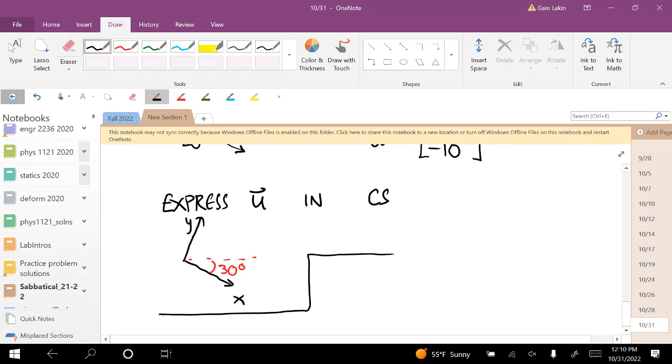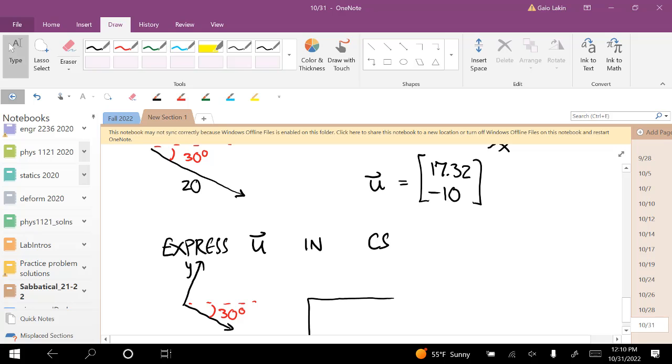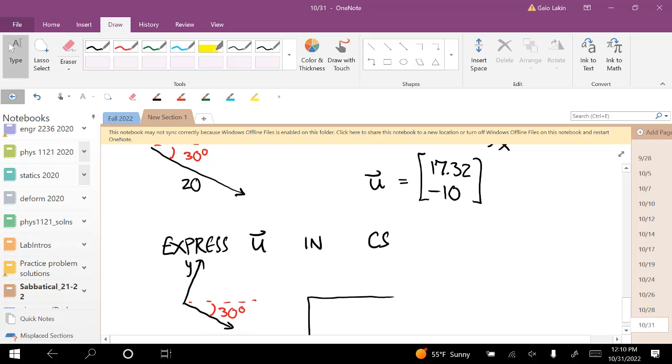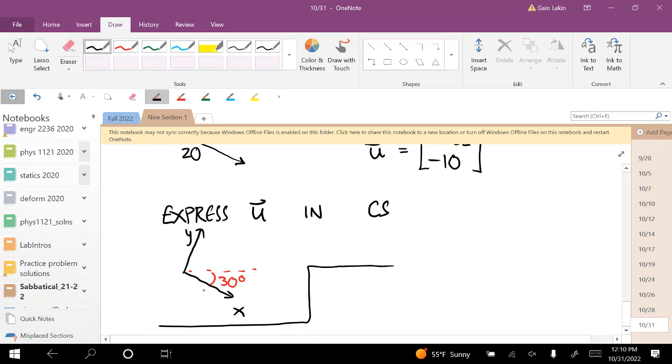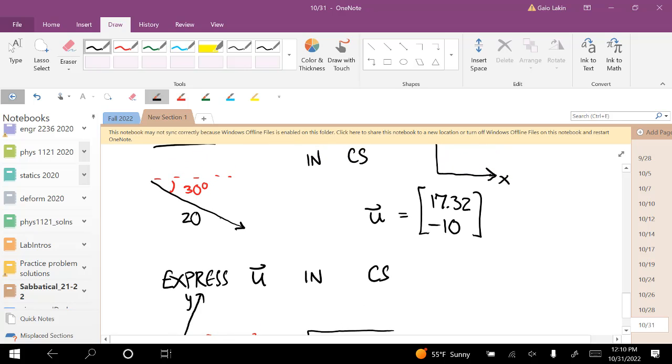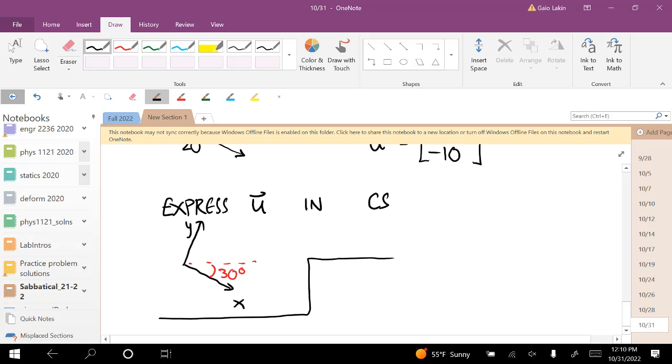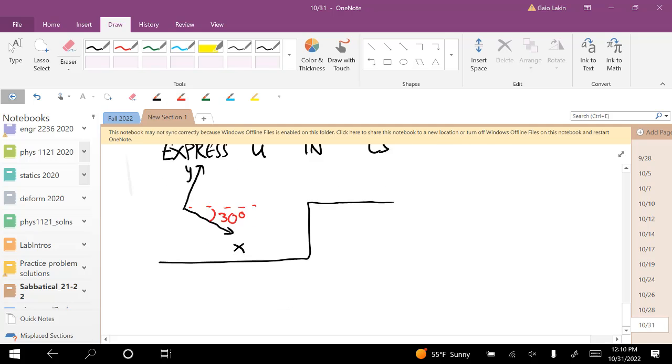And I'm going to show how to do that using rotation matrices. So first of all, notice that this is one you can do in your head because the x-axis of our new coordinate system is just directly along the vector. So what do we expect the components to be in this rotated coordinate system? 20, 0, yep.